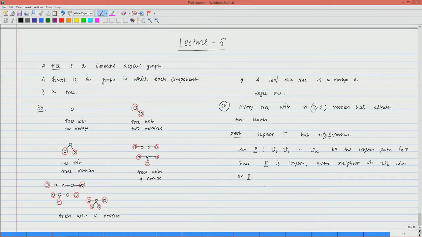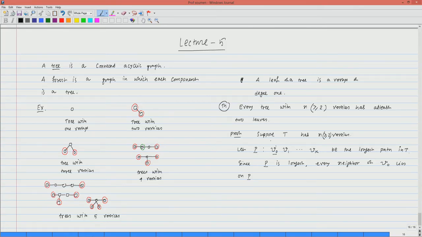Let me, so this is the longest path. So now suppose V naught has, you know what is neighbor, right? So the neighbor of this vertex are this node and this node. So what it says is that all the neighbors of V naught are on this path.